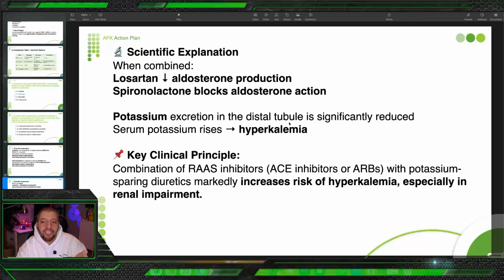So potassium excretion in the distal tubules and the collecting duct is significantly reduced. Serum potassium rises, ending up with hyperkalemia. Just knowing the meaning of hyperkalemia will save you a lot, because hyperkalemia means an increase in the amount of potassium inside the bloodstream. So the combination of an ACE inhibitor or ARBs together with potassium-sparing diuretics markedly increases the risk of hyperkalemia, especially if the patient has a problem in his kidney and renal impairment.